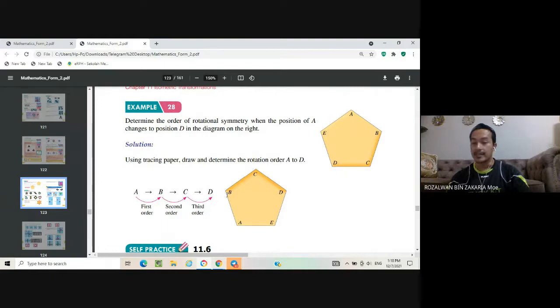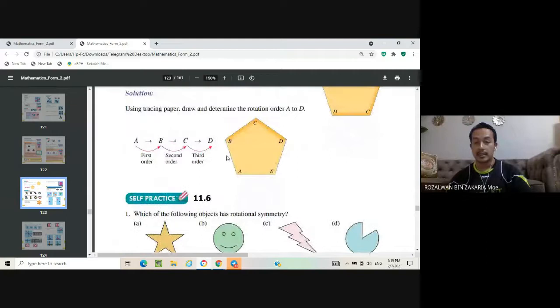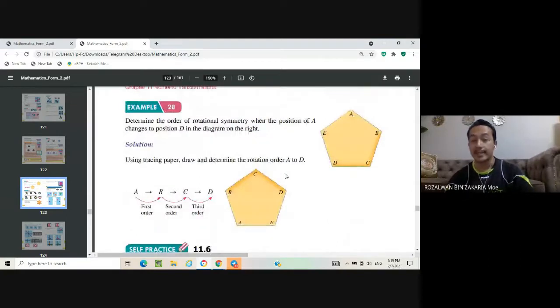So the answer is third order, or after 3 rotations. So the order is 3, which means it needs 3 rotations for point A to change to point D.